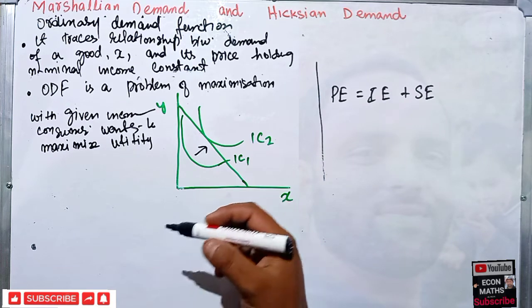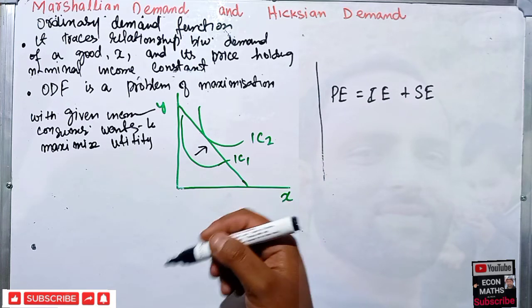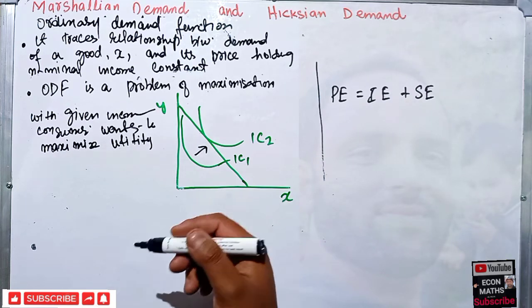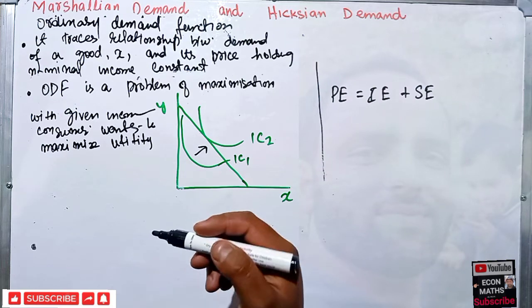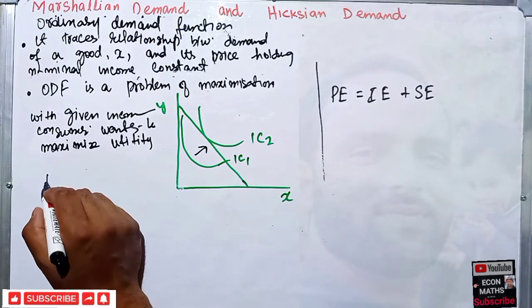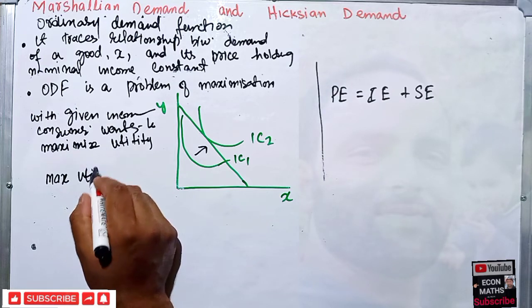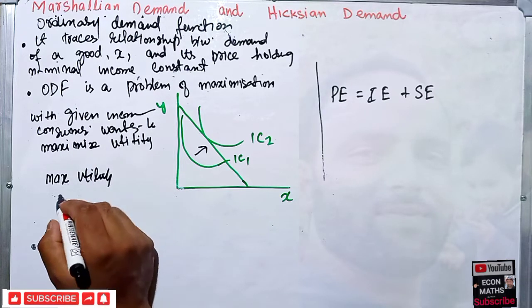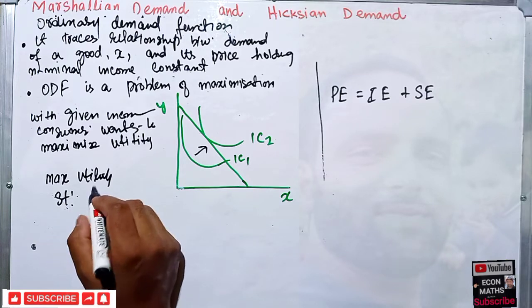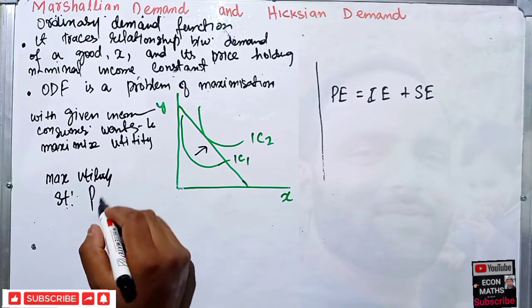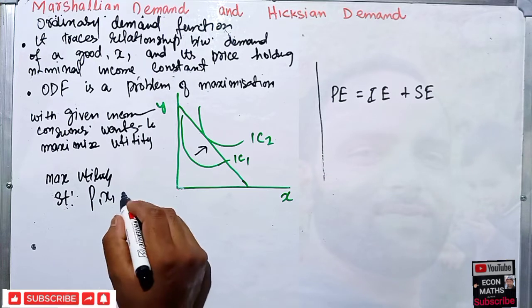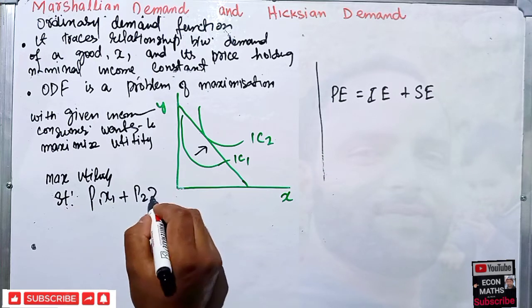So this is also called the case of maximization. So we want to maximize utility, so I will write: we want to maximize utility subject to the budget constraint, let us say p1 x1 plus p2 x2.